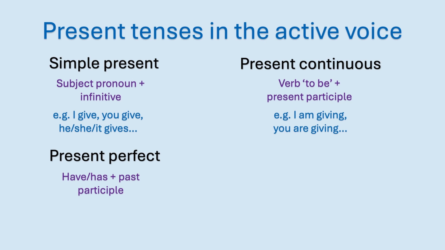Give is actually a great example because it is irregular in that its past participle has an en as opposed to an ed. I have given. You have given. He, she, it has given. We have given. They have given.